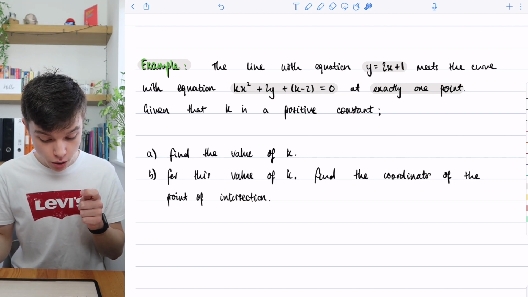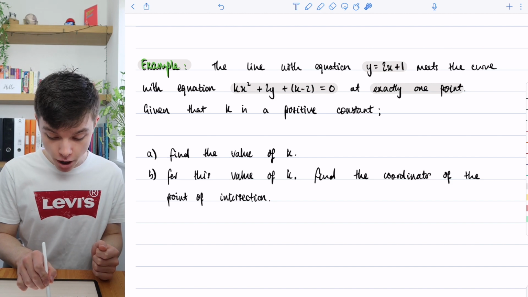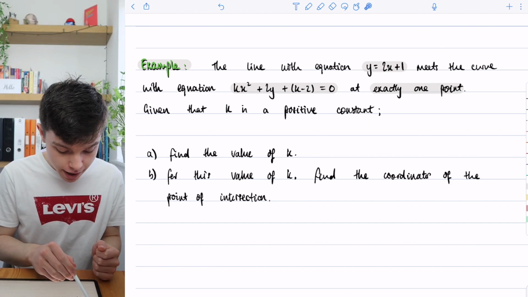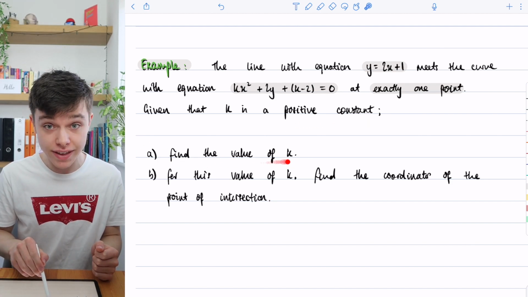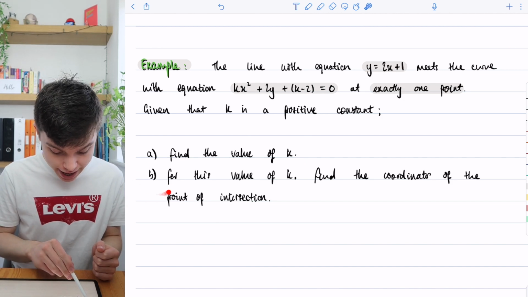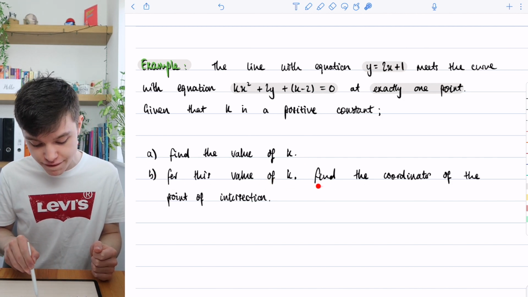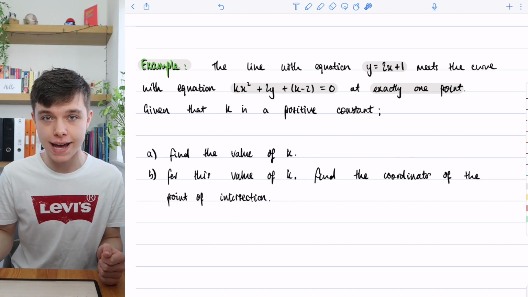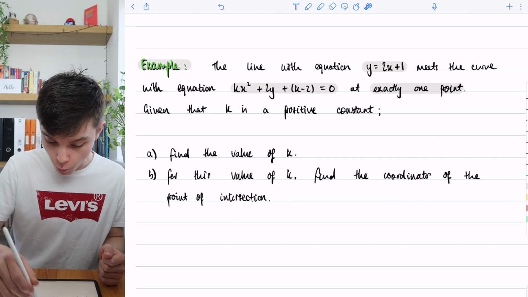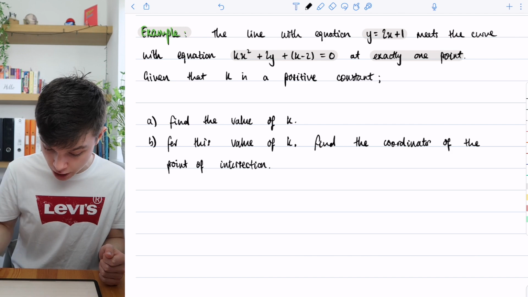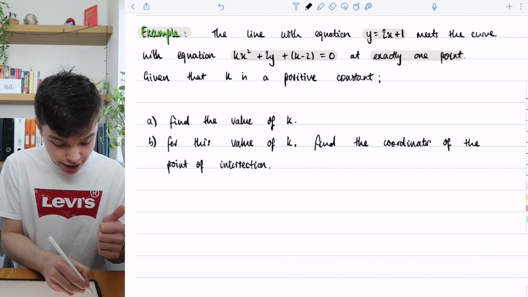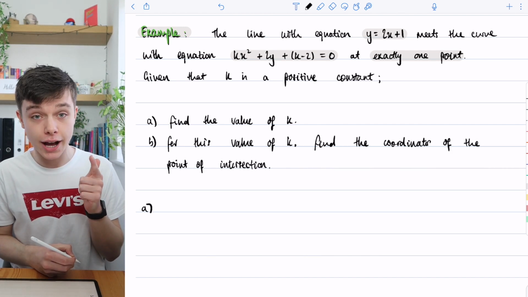We are given that k is a positive constant. Part A asks us to find the value of k, and then part B asks us, for this value of k, to find the coordinates of the point of intersection. So we have got our straight line and our curve.